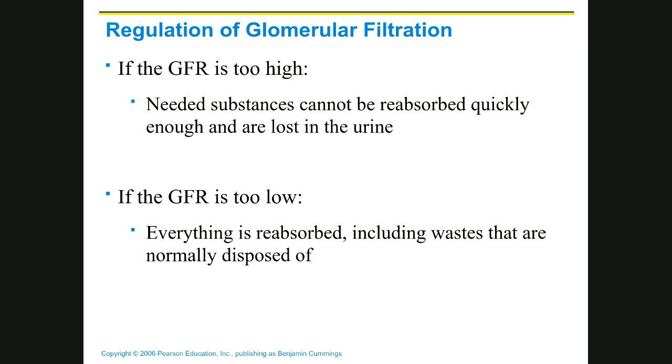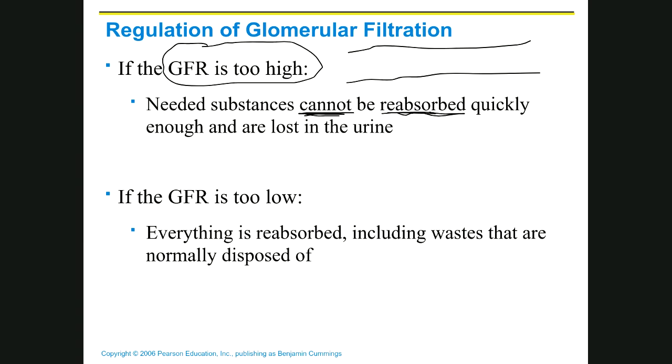If you raise the number, if GFR is too high, remember what's going to happen is not only is bad stuff being filtered, but good stuff is being filtered. And if you want to keep it, you have to reabsorb it. But if this number is too high, the fluid passes by so quickly, it can't be reabsorbed.